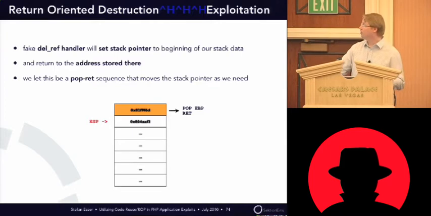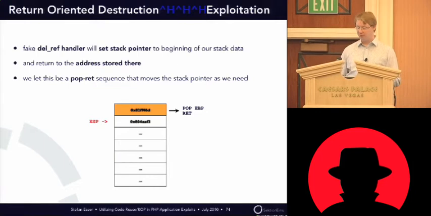So what you need to do now is adjust the stack pointer. And you just do that by returning into a pop and ret, which is very easy to find because it's all over the code in PHP. And after that, you will actually return to the code stored in the third slot, to the pointer stored in the third slot.